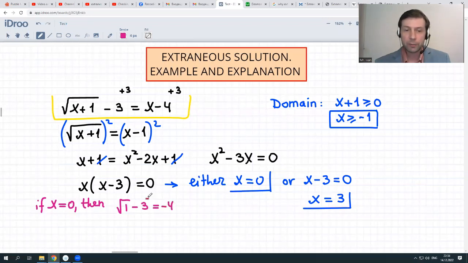And if we add 3 to both sides, keeping the root of 1 for now, it's equal to negative 1.